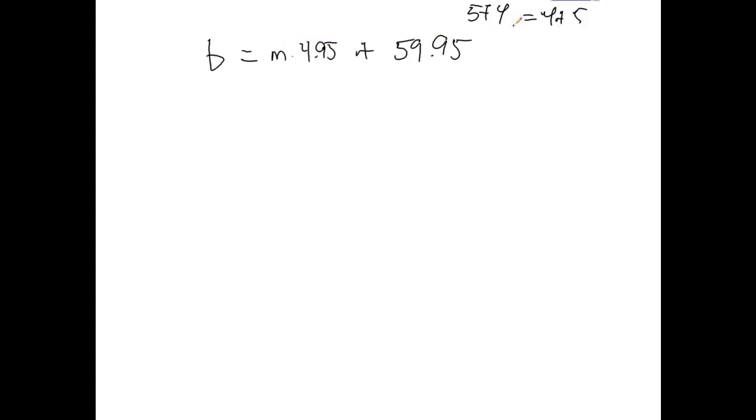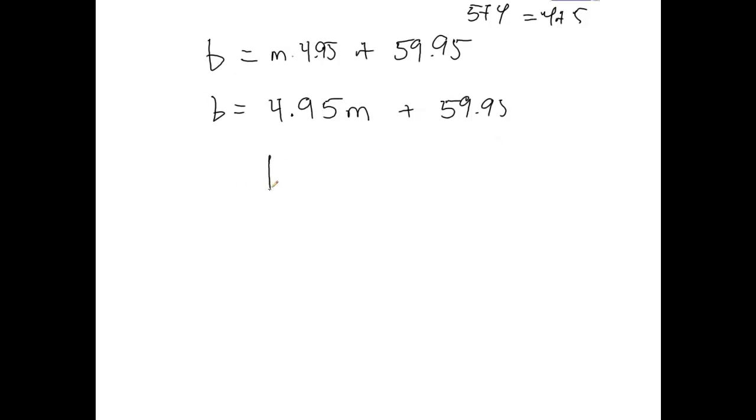That's the same thing as 5 plus 4 equals 4 plus 5. And I also know that 5 times 4 is the same thing as 4 times 5, so to make it a little prettier, I can do 4.95m plus 59.95. This multiplication is commutative, so I can write my answer in this way.